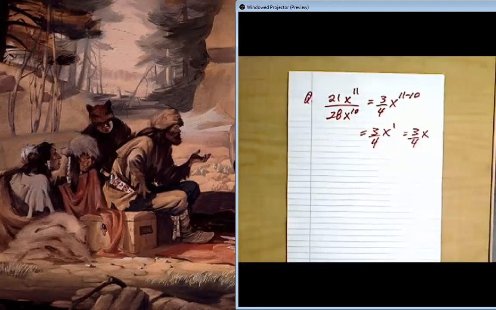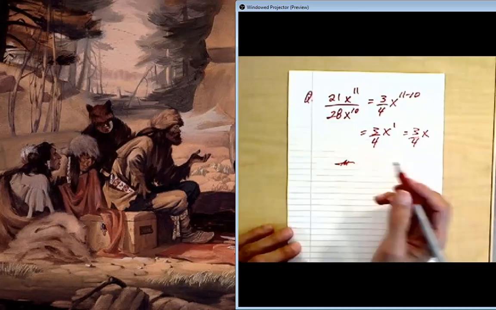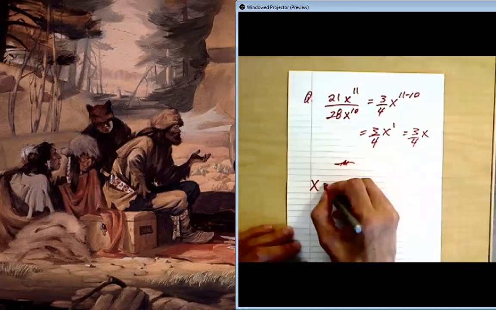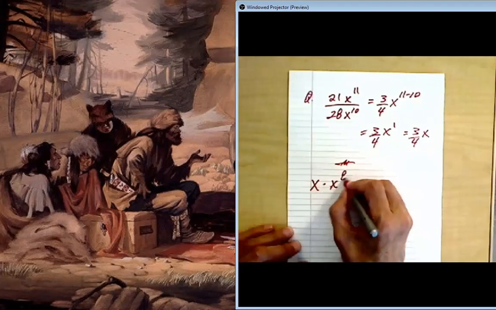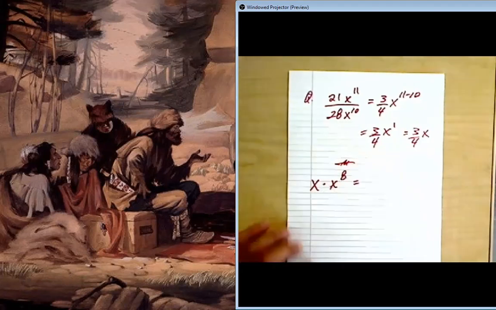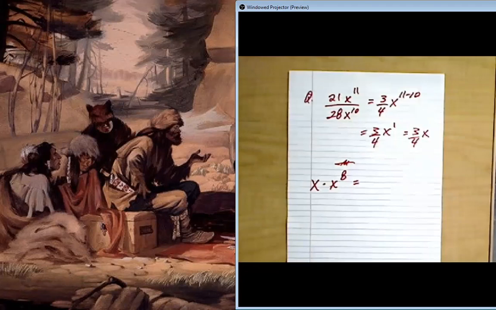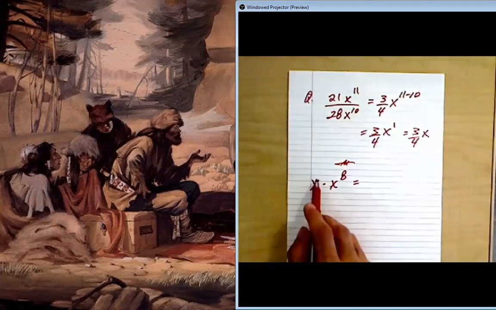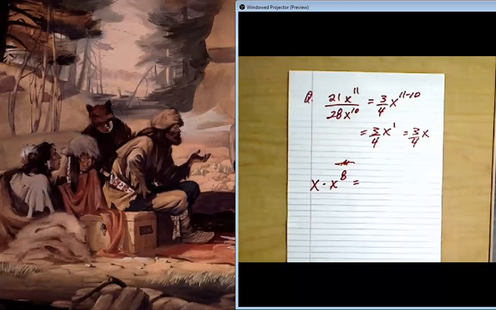Okay. Oh, and that reminds me of a second question. I'll mention it today and hopefully I'll remember tomorrow as well. If you had something like this, okay, there's an invisible 1 there. So what happens with that invisible 1?